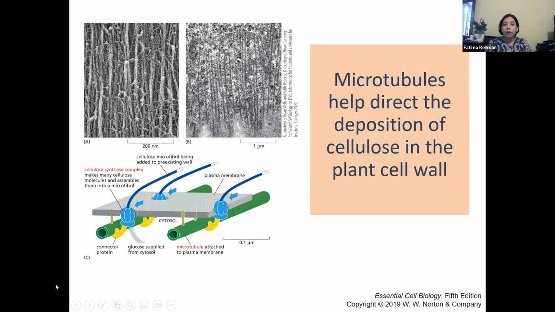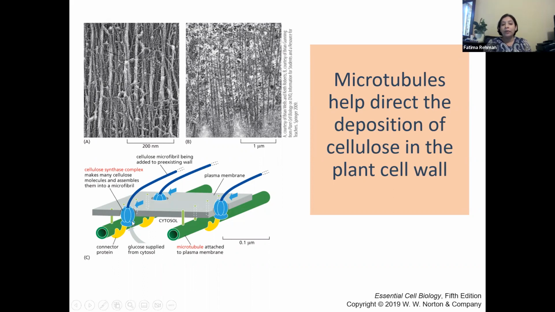They are going to be interacting with the microtubule underneath. And as they do that, they grow through a particular protein complex called cellulose synthase, which is where they are being made and added to your cell wall structure.